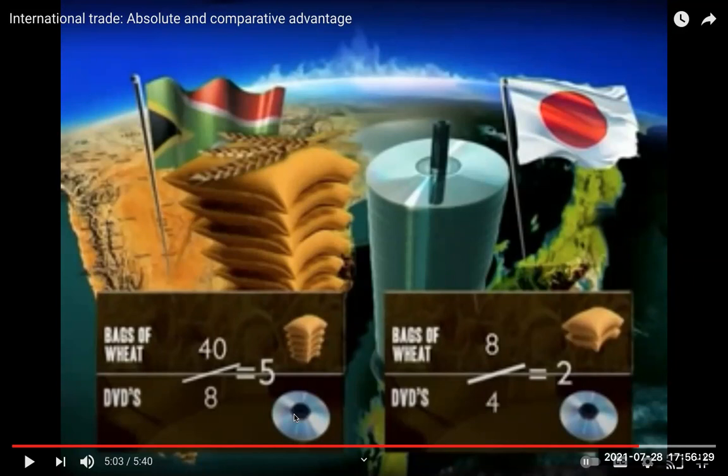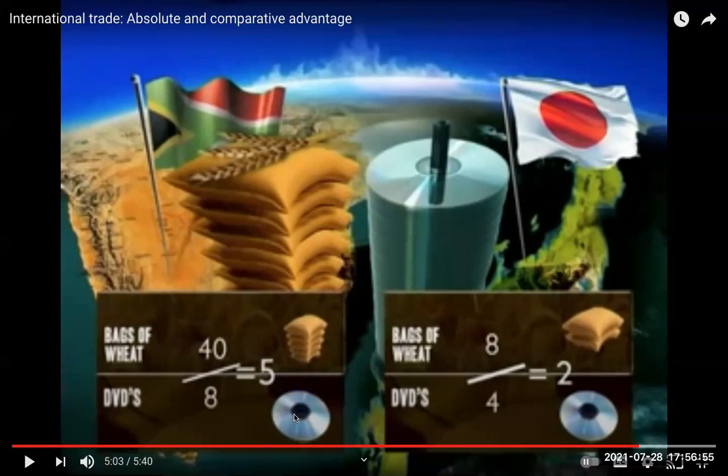So what does that mean in terms of international trade? If you were advising both countries, what would you tell them to do in terms of international trade of these 2 goods? Who should produce what? South Africa should produce the wheat, and the other guy the DVDs.